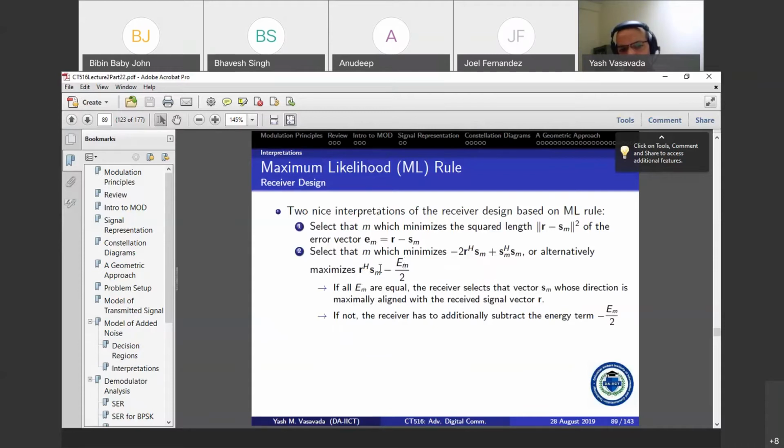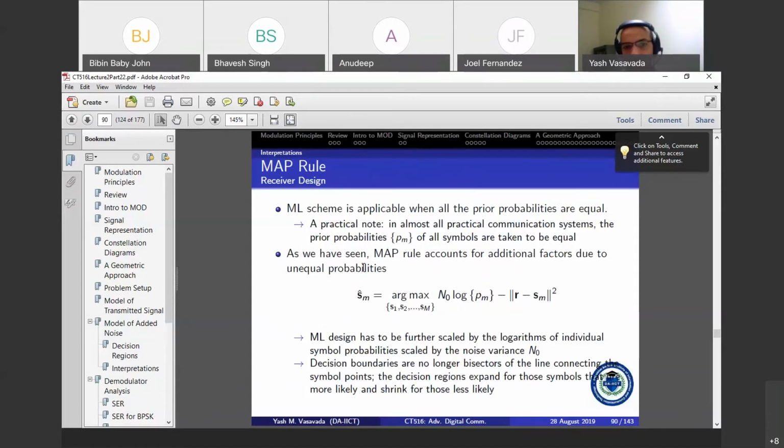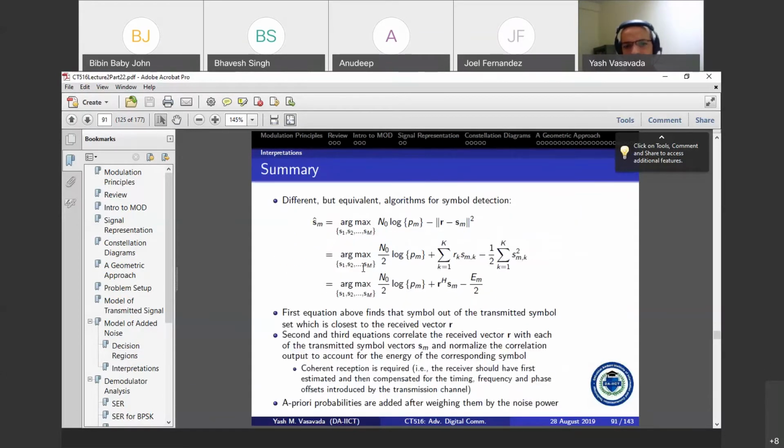And this dot product, we say, can be thought of as a correlation operation. So this was a very quick refresher on what we have earlier done.